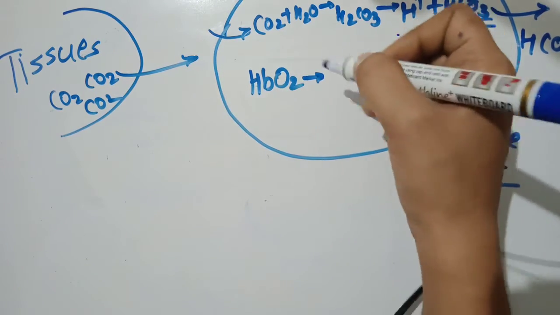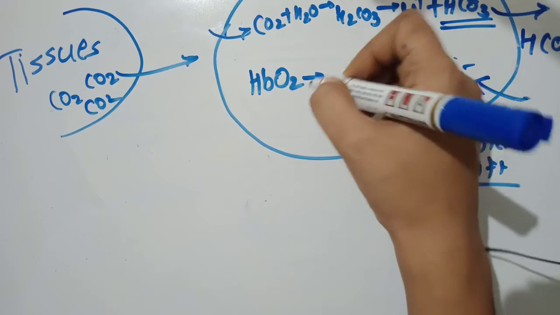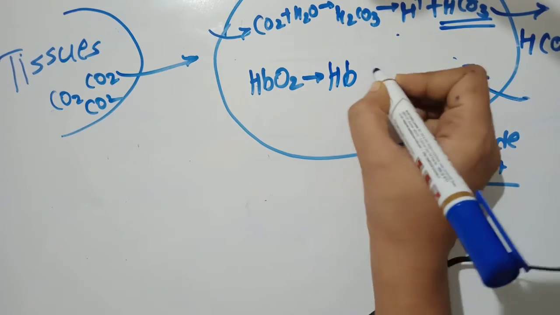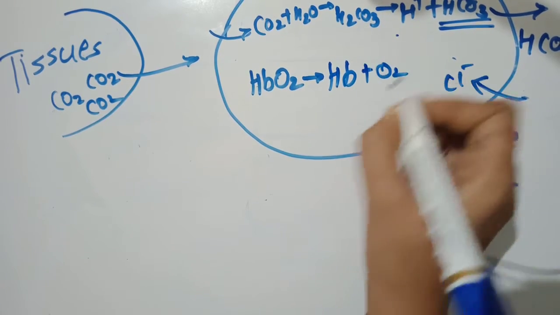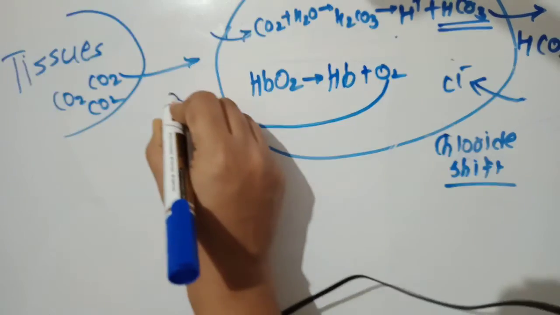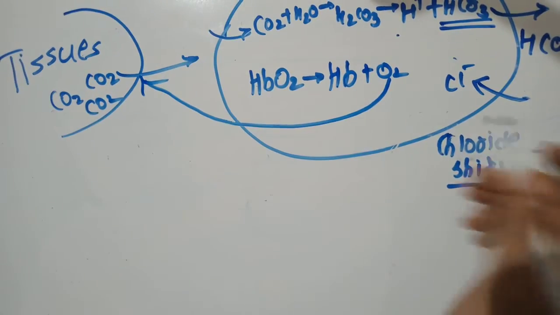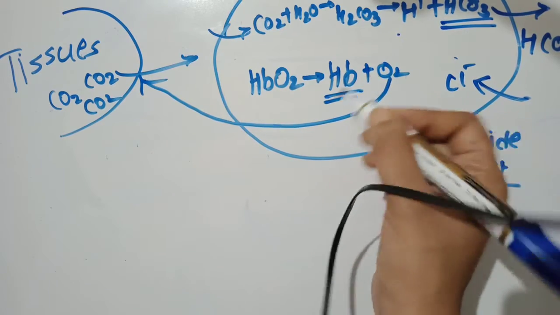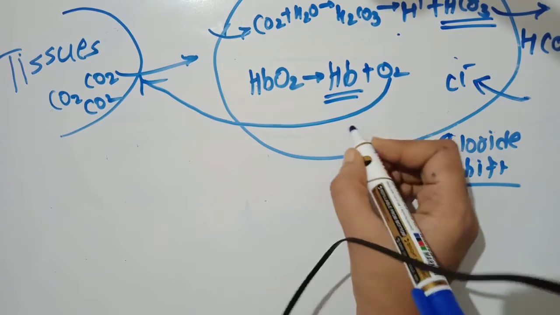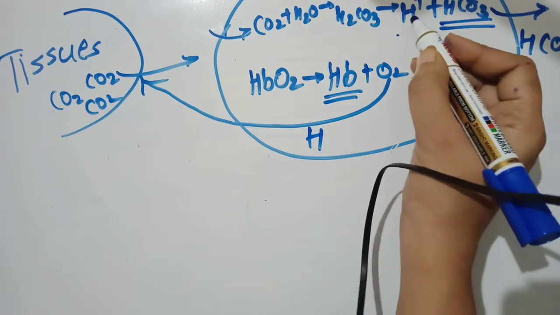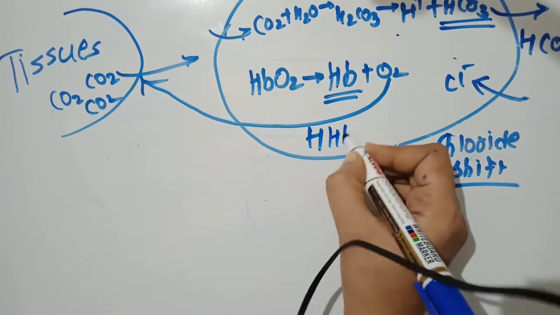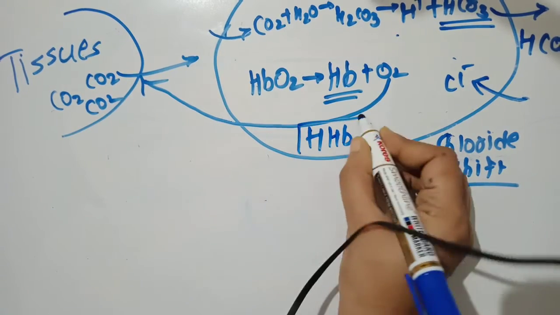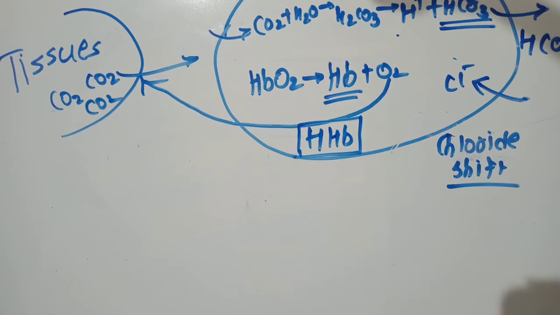These are the factors responsible for decreasing the affinity of hemoglobin for oxygen. So hemoglobin releases oxygen, which then enters your tissues. Then what about this hemoglobin? Once it is emptied, after dissociating from oxygen, it combines with hydrogen, because hemoglobin has an affinity for hydrogen. This is a very, very important step.